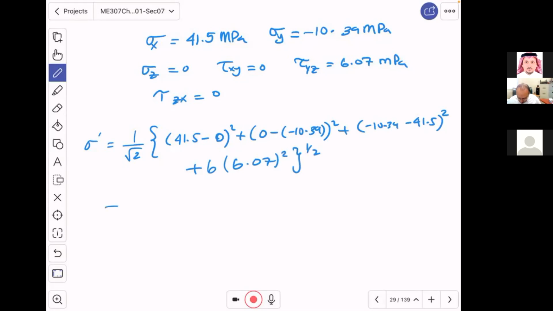Now if you do all of this, you will get the von Mises stress as 48.7 megapascal. This is sigma prime.